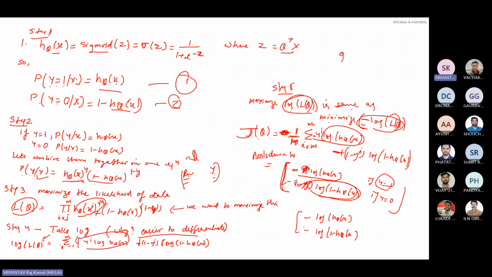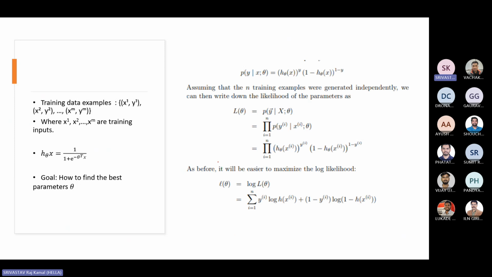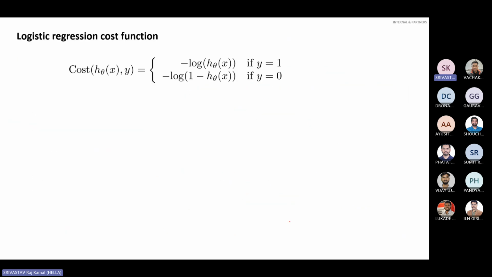This becomes our cost function J over all the rows. So this is the cost function of logistic regression. That is what we tried to derive step by step, and finally we boil down to this term.